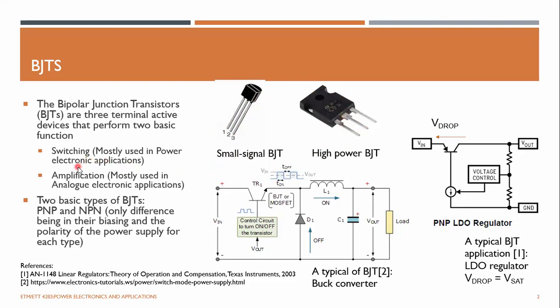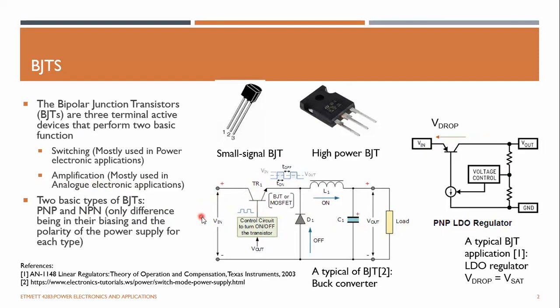BJTs are used mostly in power electronics as switches, but not limited to switching. There are some applications where they can still be used as a mix of analog electronics. For example, this is a buck converter, which steps down the input voltage to a desired output voltage level.